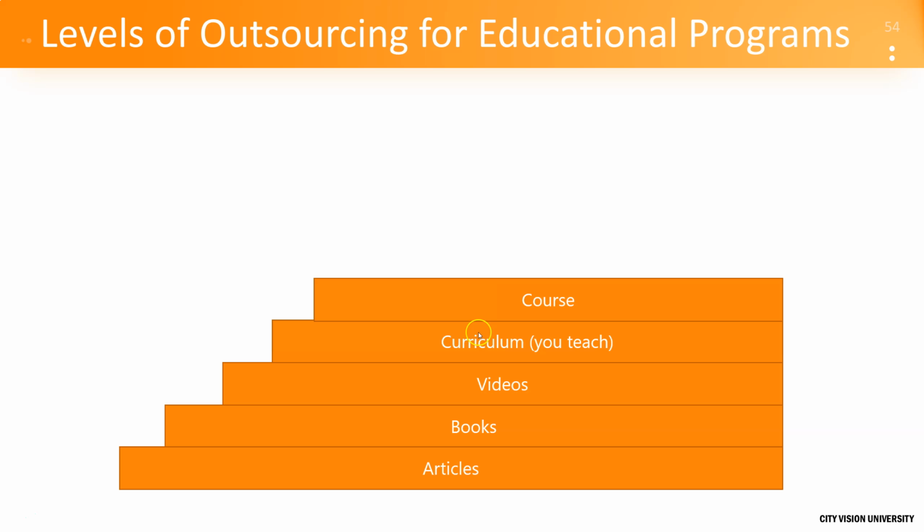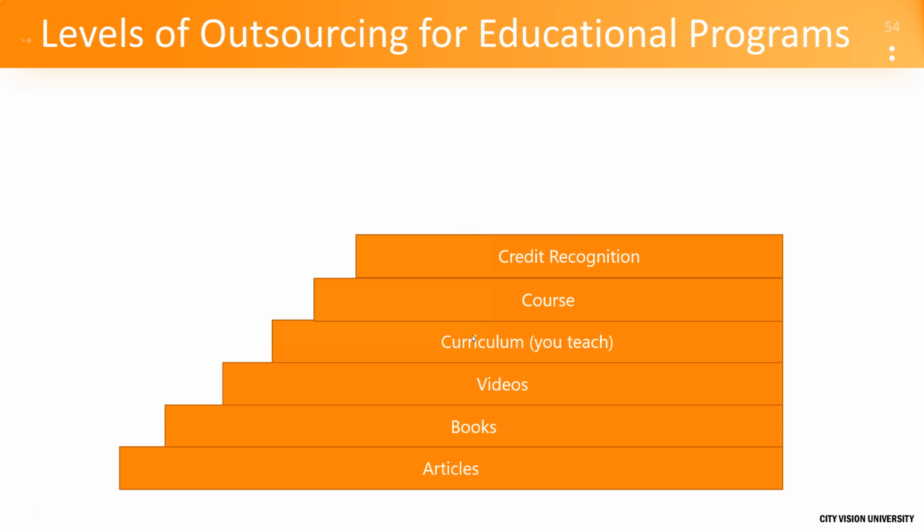A course, on the other hand, generally you're going to be outsourcing if you're buying a course. So that would be where, say, City Vision would teach the course. Now you could use City Vision's curriculum or other course curriculum from our City Vision Institute site.